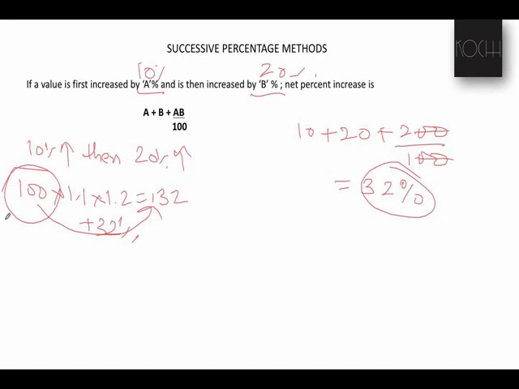I can directly take it. So you please do not add this directly. I have seen a lot of students do that. This is not an addition or subtraction question. It is successive percent increase, because 100 when increased by 10% will become 110. Now 20% of 110 would be 22. So the net increase is 10 and 22, which is 32.